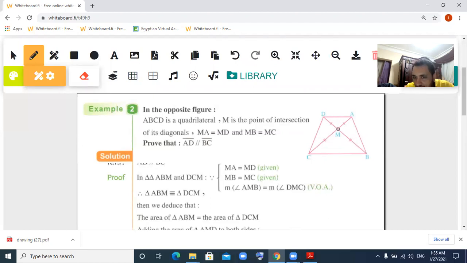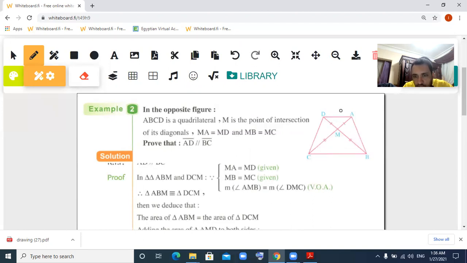They intersect at the point M. We are given that MA equals MD and also the length of MB equals the length of MC. We don't have any area. I want to prove that AD is parallel to BC.